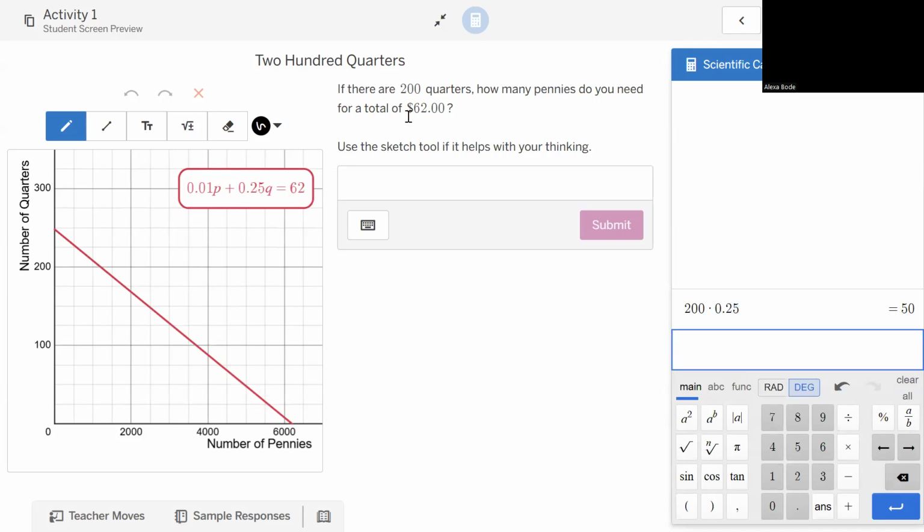So it's asking how many pennies would I need? Well, I want $62 total. So I need to subtract how much my quarters are worth. My quarters are worth $50, so I did $62 minus 50. That means I have $12 worth of pennies.